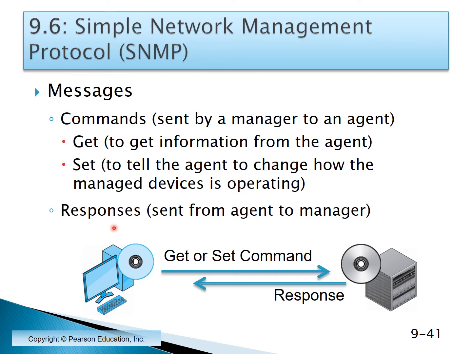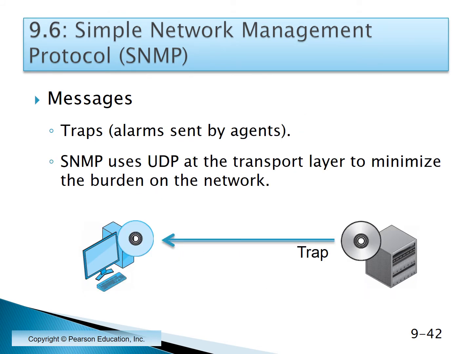Then the responses are sent from the agent to the manager, sending back the information requested by the manager or sending an acknowledgement. The managed device can also send a message called a trap to the manager. These are basically the alarms sent by the agents.